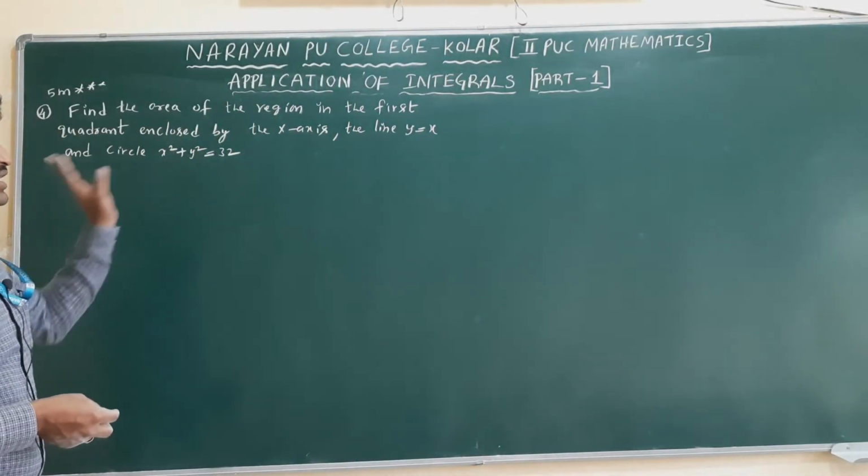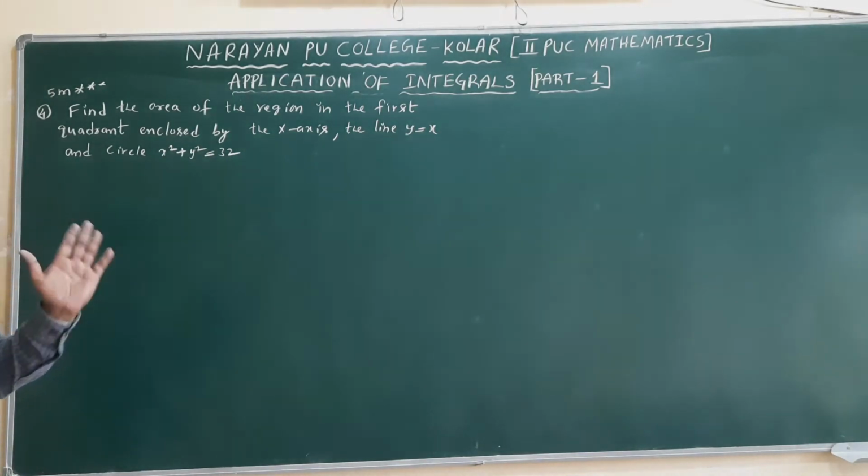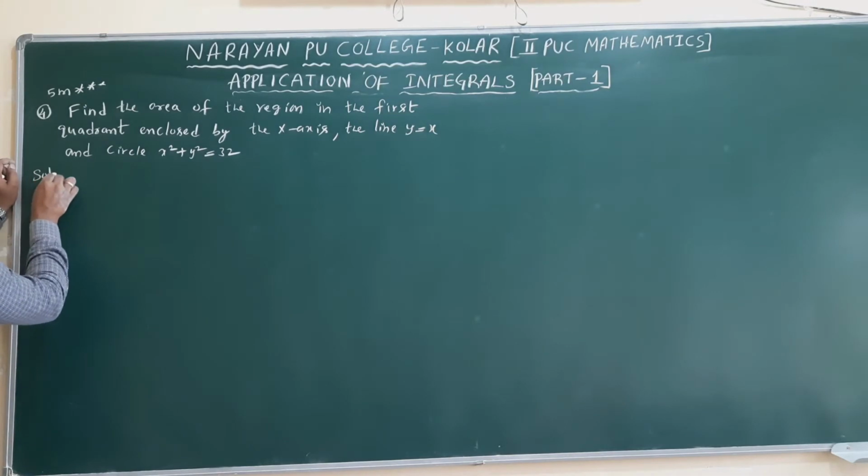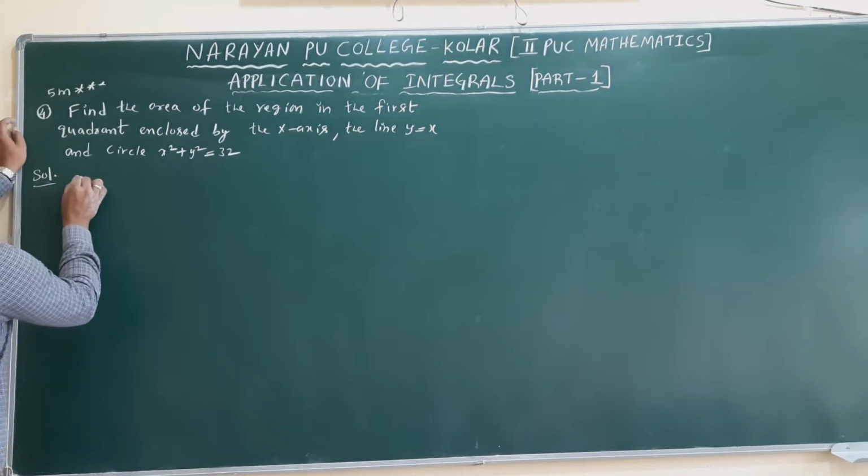Here the limits are not given. What is the region? The limitations are not given. We need to find first what the circle is.